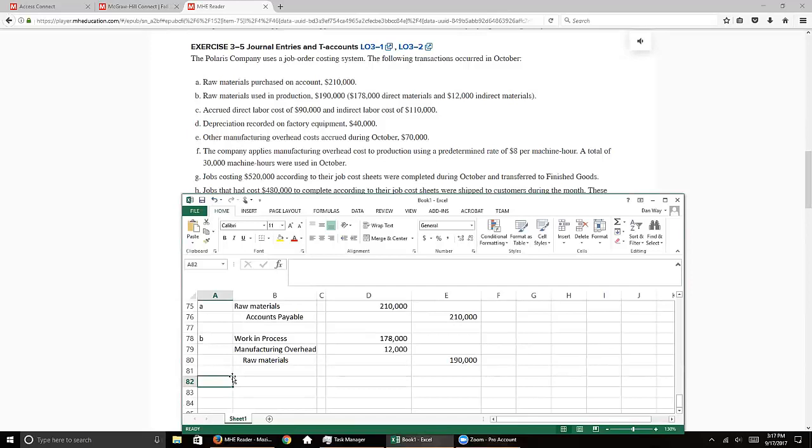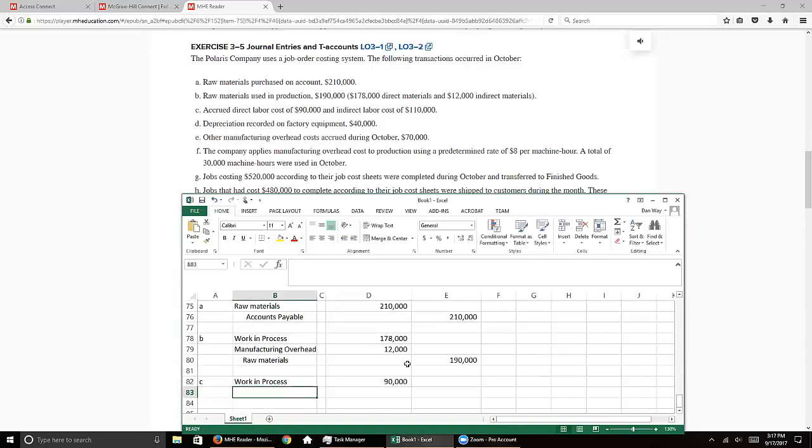So let's try a similar thing in C with direct labor cost. It said accrued direct labor cost of $90,000 and indirect labor cost of $110,000. So we said direct manufacturing costs go directly to work in process. So direct labor, $90,000.